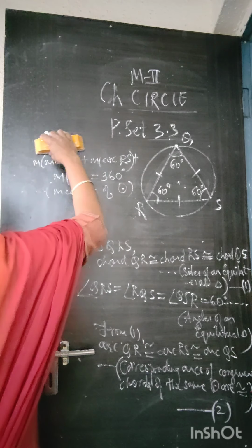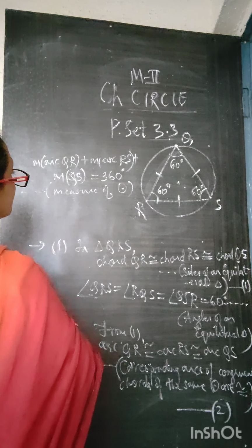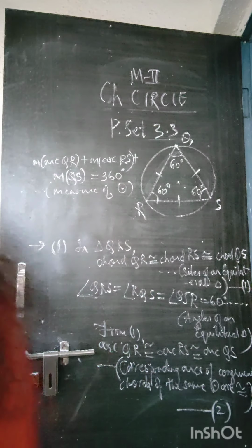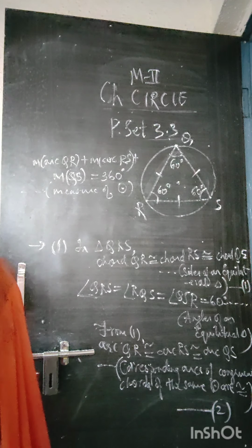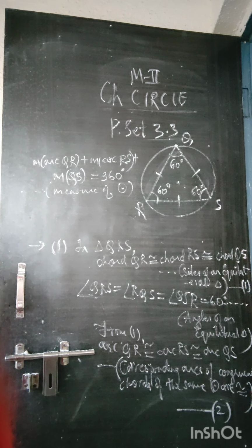This is the measure of the circle. Here I have written the arc addition. What is the reason I will write? Measure of the circle and arc addition postulate also. Both the reasons are applicable here. Measure of circle is 360.